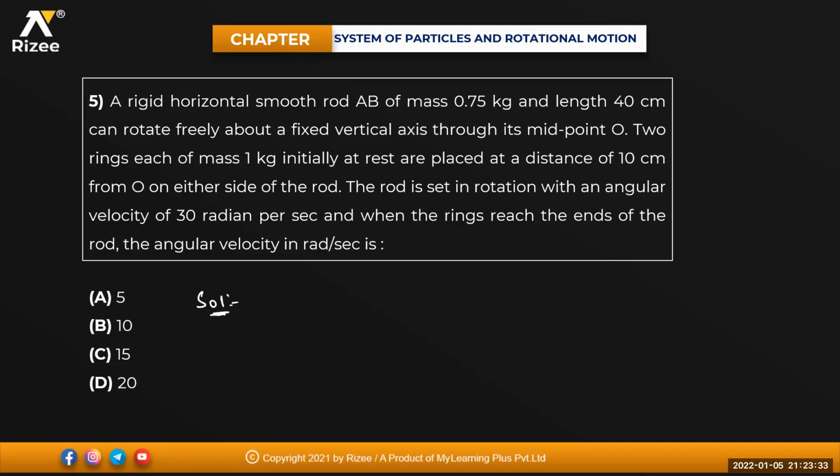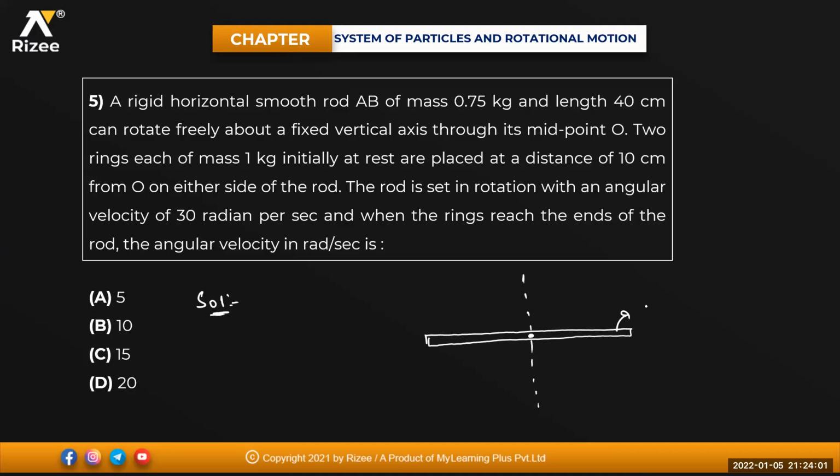First, try to understand the question and try to draw the diagram better. A rigid horizontal smooth rod AB of mass 0.75 kg and length 40 centimeter can rotate freely about a fixed vertical axis through a midpoint O. Let me draw the diagram first. I'm assuming the diagram to be something like this. This is the axis on which it is rotating.